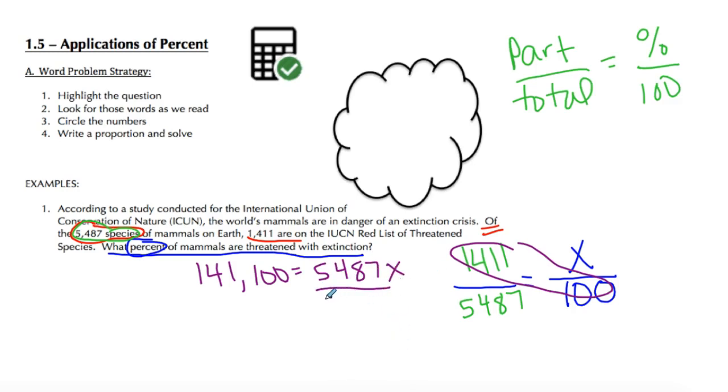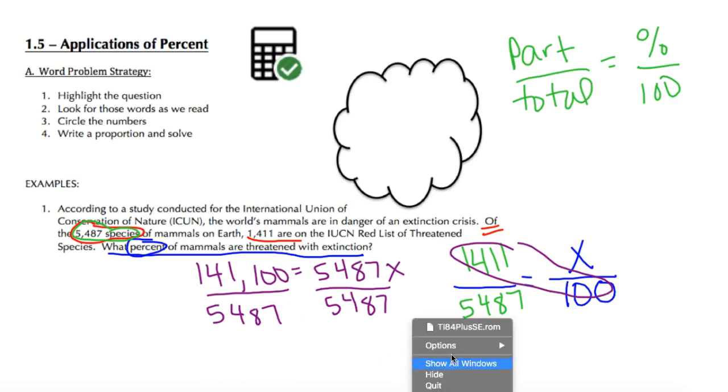I'm going to divide by the number in front of x. Oops, I don't need to write that second x there. I'm not actually dividing by x. I only divide by the number out front of x. So I'm going to divide by 5,487.